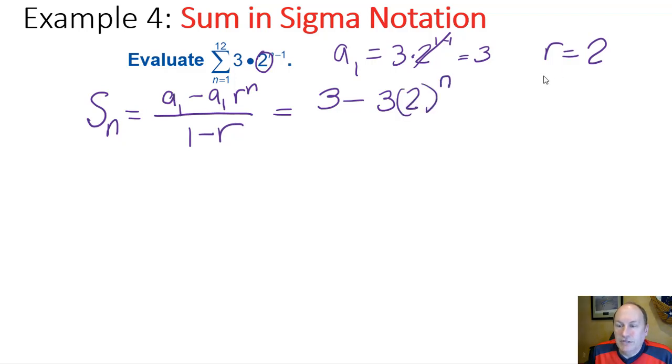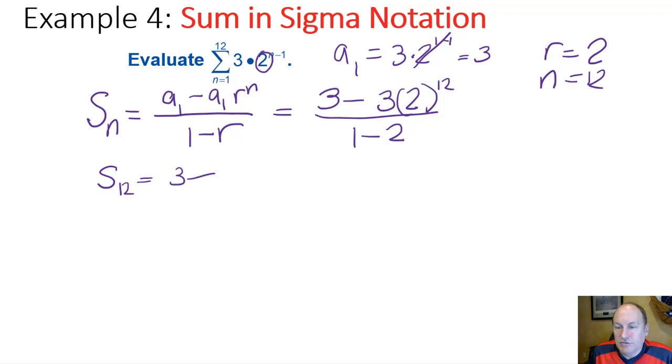And n in this case is going to be 12 because if we take 12 minus 1 and we add 1, there are 12 terms here. So it becomes 3 minus 3 times 2 to the 12th power over 1 minus 2.